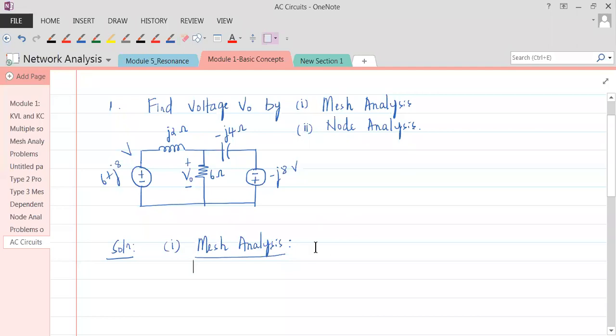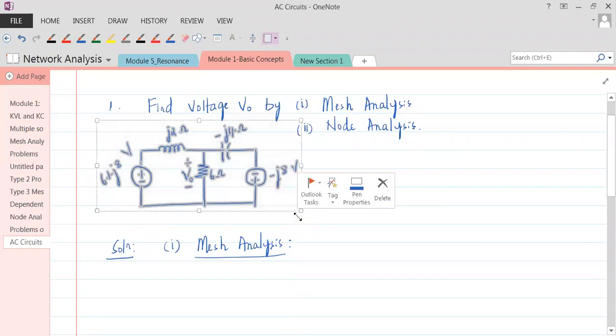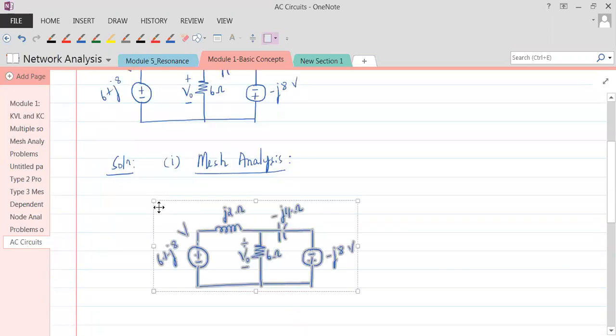Since we are solving by mesh analysis first, let's take this circuit.